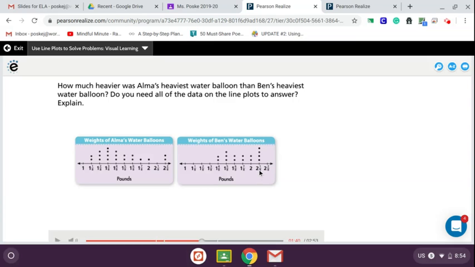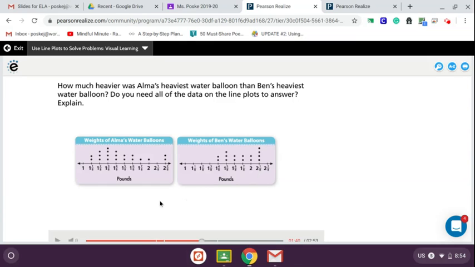He doesn't have any that weigh this much, so that wouldn't be his heaviest. He does have some here, so that would be his heaviest. And this weight would be Alma's heaviest. So we have 2 and 2/8, the heaviest for Alma, and 2 and 1/8, the heaviest for Ben.